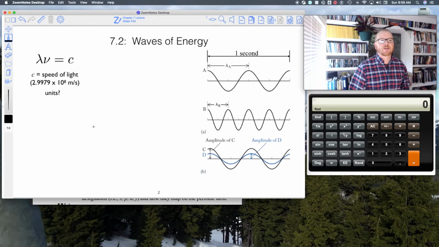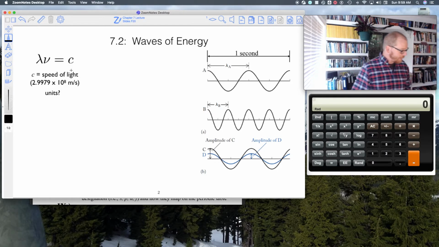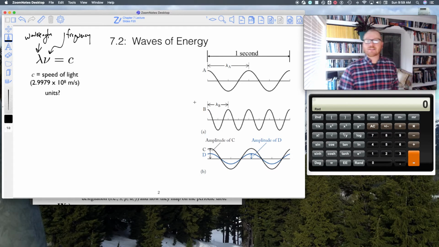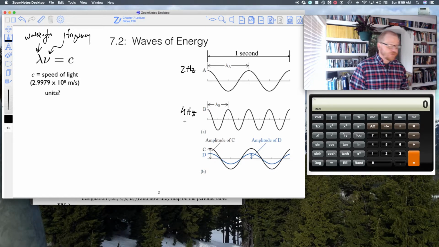So I talked about there's a relationship between wavelength and frequency, and you can see here it is. Okay, so lambda wavelength times nu frequency always equals c, the speed of light. So as I talked about in this slide earlier, this wave has a frequency of 2 hertz, whereas this wave has a frequency of 4 hertz.